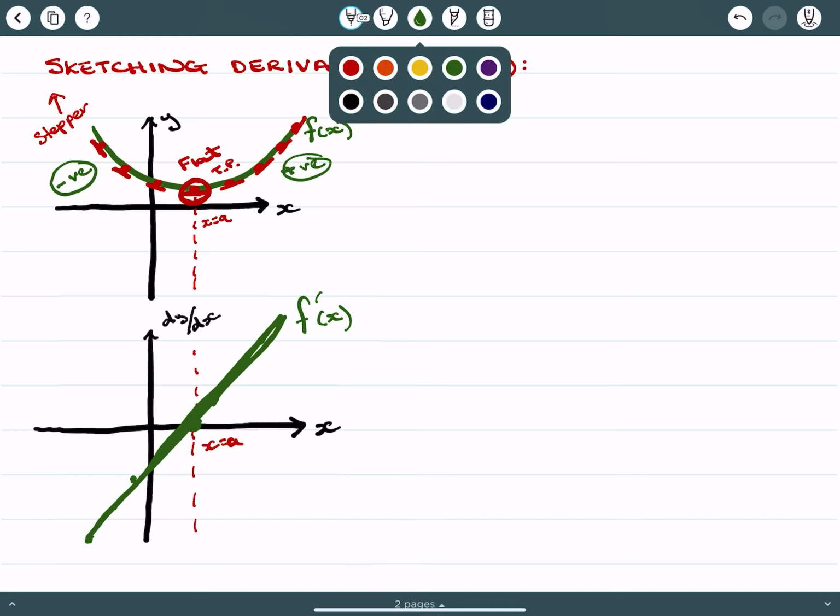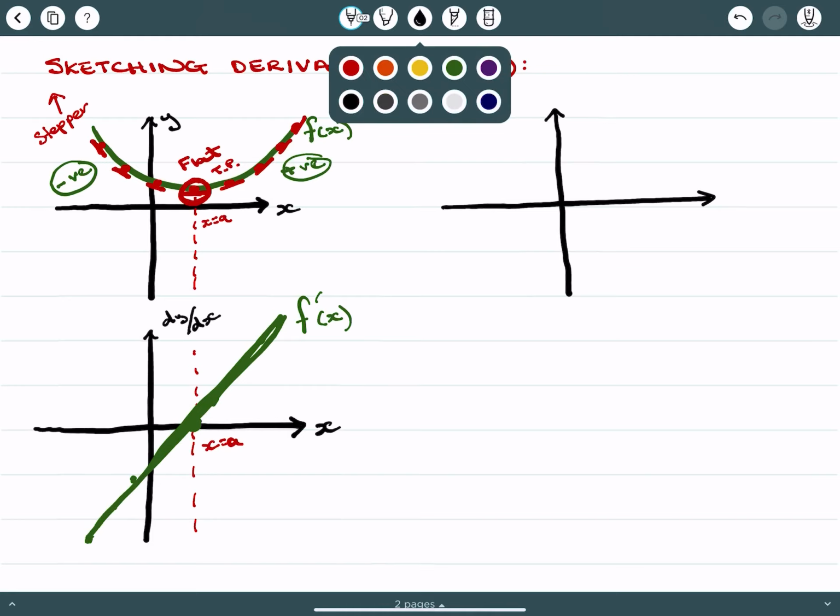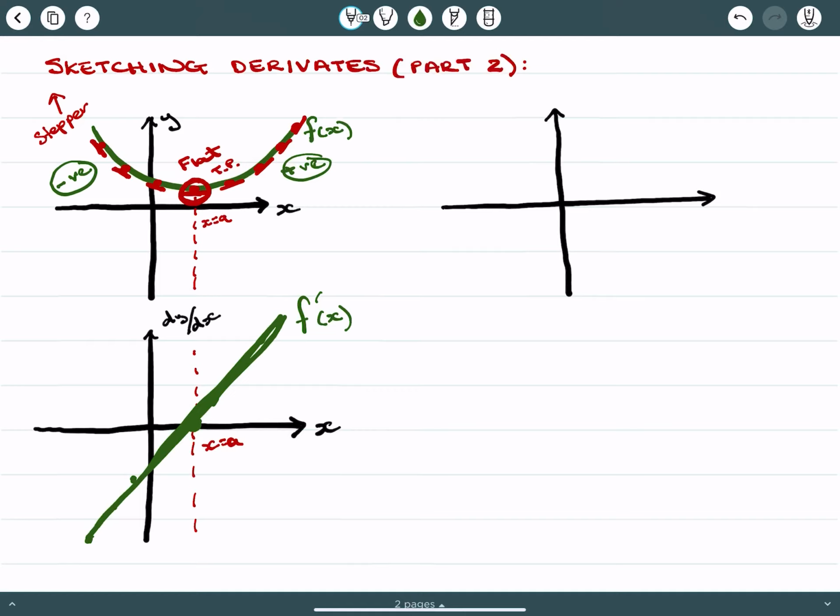So what we're going to try to do, Owen, is I'm going to give you another graph now, okay? And what I'm going to ask you to do is be able to find the turning point. So this graph is going to look like that.